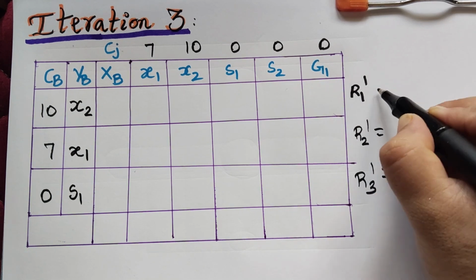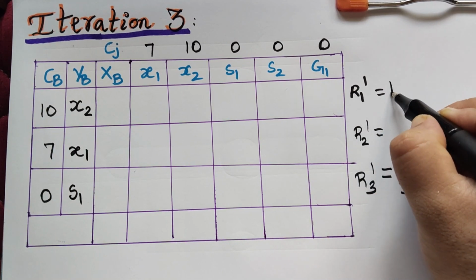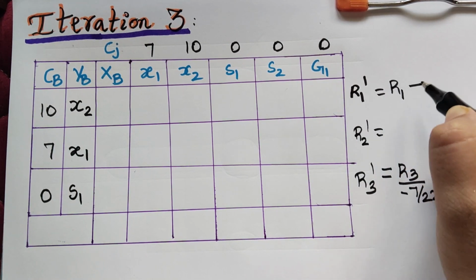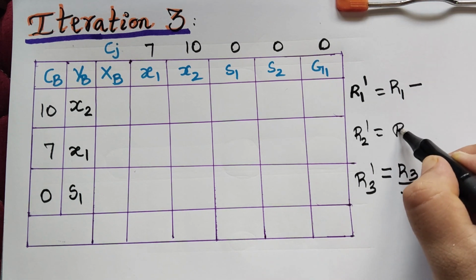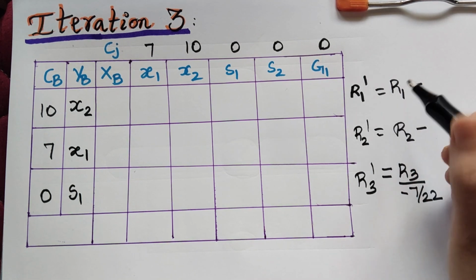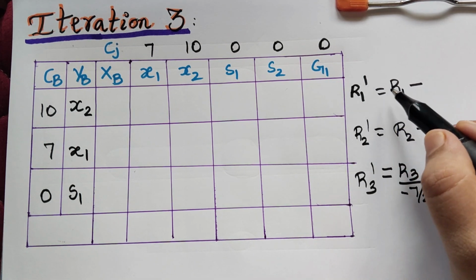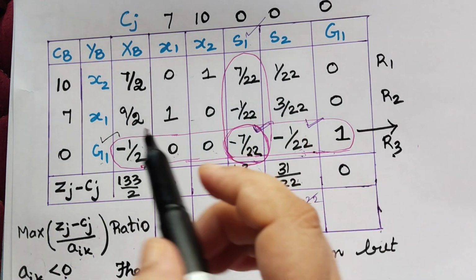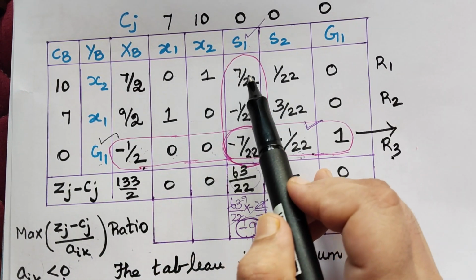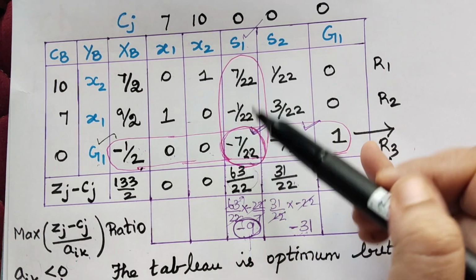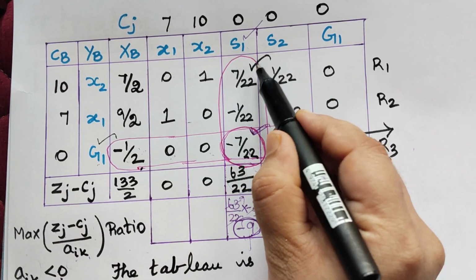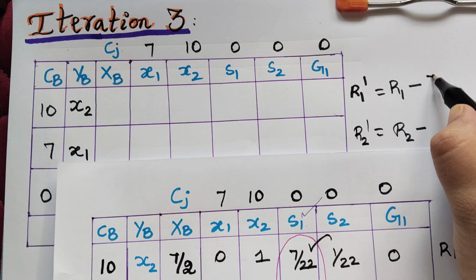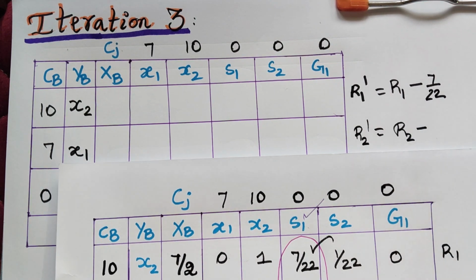So row 1 dash will always be equal to row 1 minus, so remember this, and this also row 2 minus. Now what is row 1 dash is equal to row 1 minus, you should see from this table. From this row, what is the element corresponding to the pivotal column? 7 by 22. So first you write that 7 by 22 multiplied with the new pivotal row.